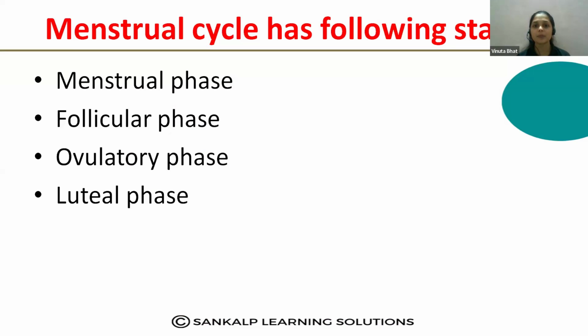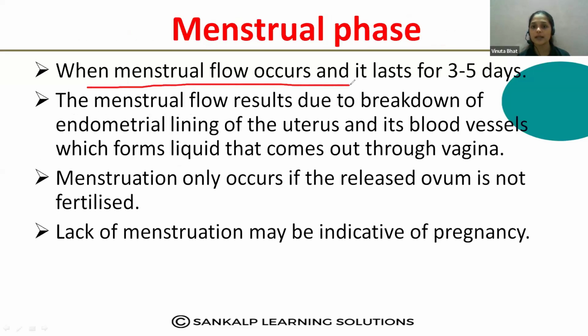Okay, here, menstrual phase, the first phase. Just observe the diagram. In the menstrual phase, the menstrual flow occurs and it lasts for 3 to 5 days. How does it occur?